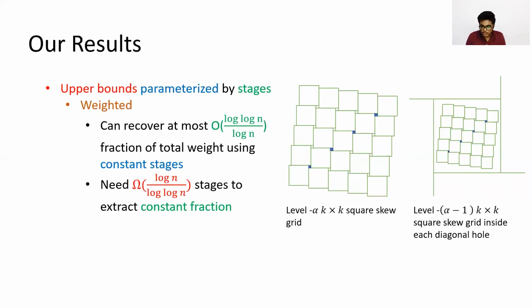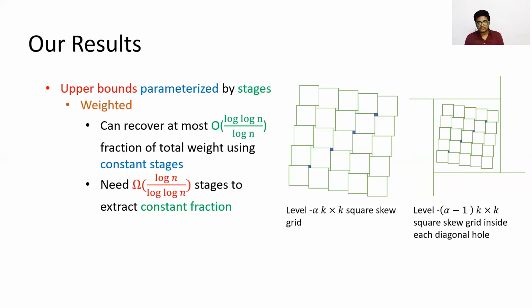We look at those smaller ones and the diagonal holes of those and put an even smaller version. If you do this alpha times, the configuration you have is called a level alpha K cross K square skew grid. We do a weighting so that the squares of each level get total weight 1. So this is the configuration with total weight alpha.